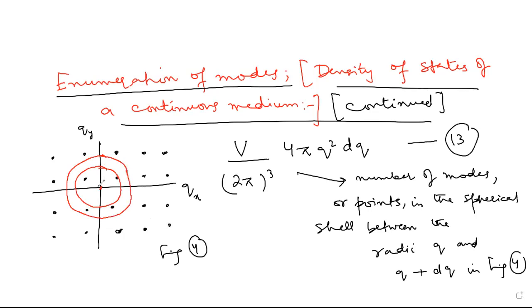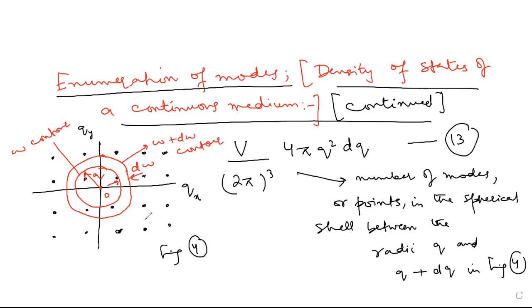This was my origin, and we took the radius of this inner circle as q, and this was the omega contour. The outer one was the omega plus d omega contour, and this was d omega.